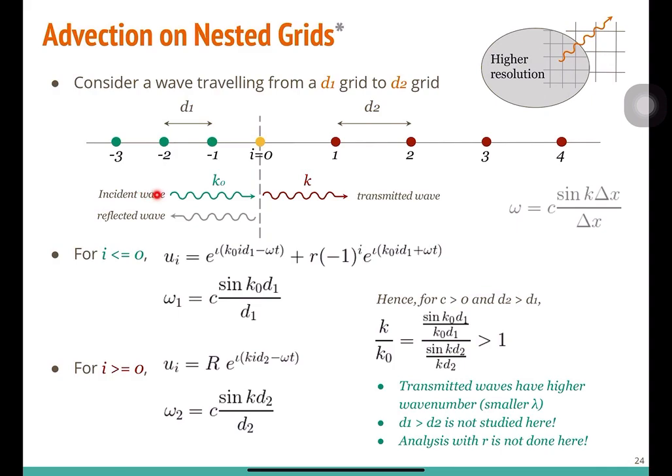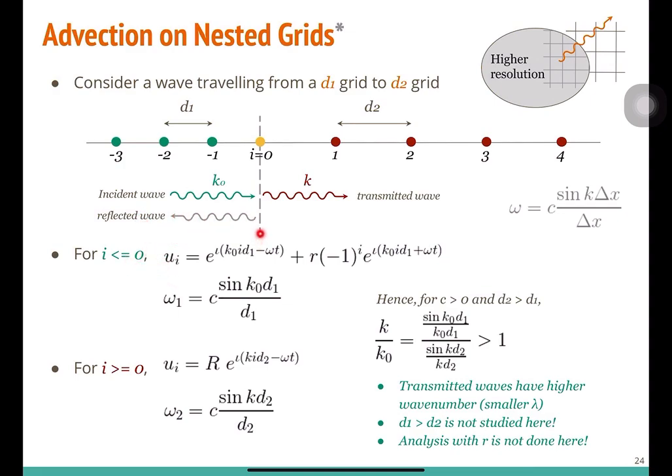So our signal, the incident wave, originally has the wave number k0, and when it travels through the wall, the wave number changes to k, which is the transmitted wave, this part. And then we also have the reflected wave.